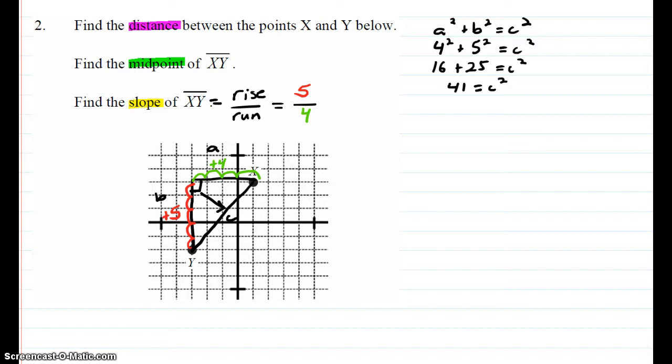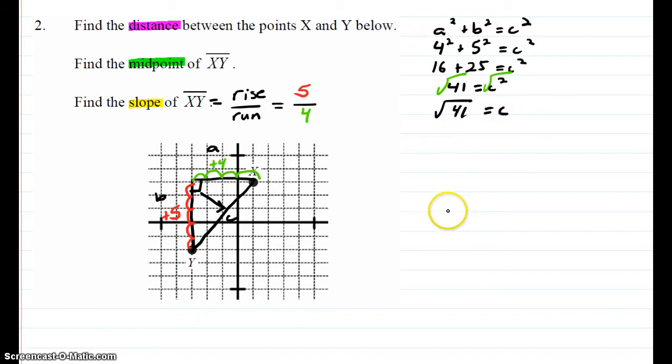And so now it's obviously not 41. So to get rid of this square, we square root both sides. And so that gives me the square root of 41 equals c.